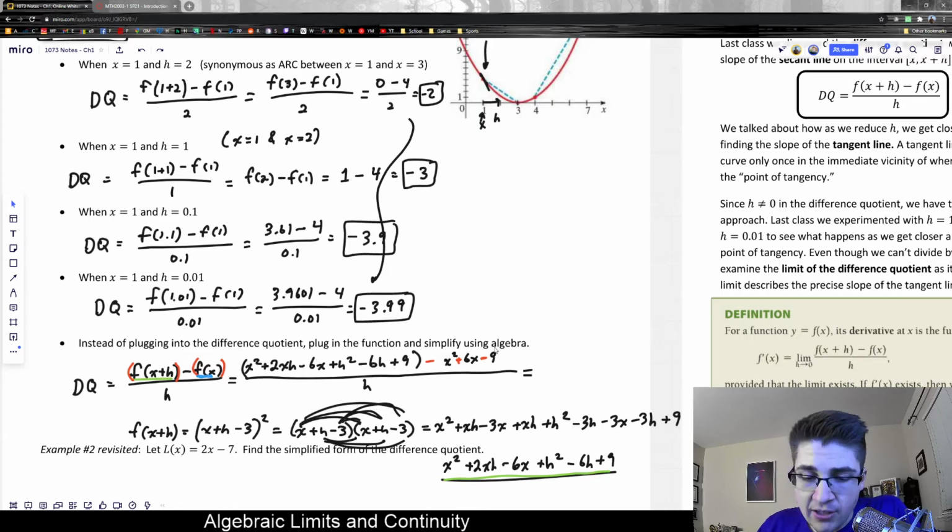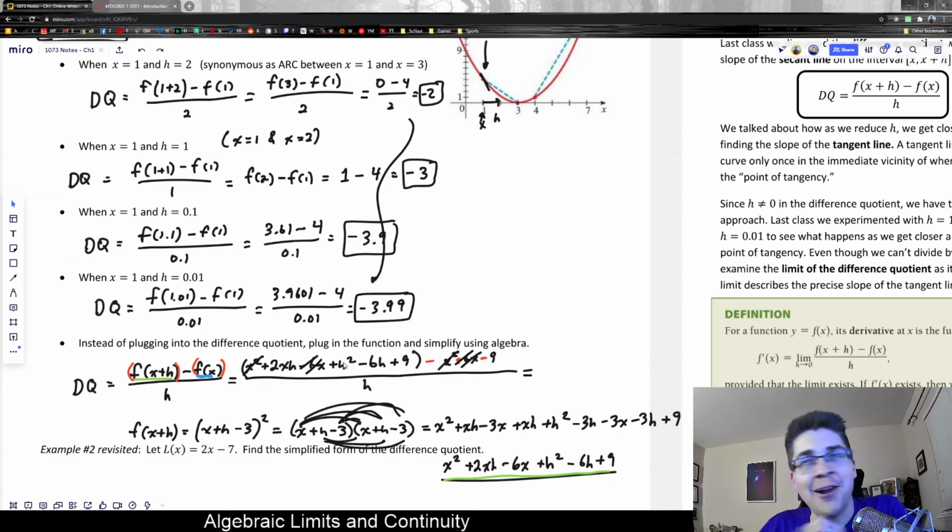Now, I can cancel out the common terms, because in the numerator, notice, I have x squared and minus x squared. Those are common terms. They're the same but opposite. So those would cancel out to make 0. I also have a negative 6x and a plus 6x. Those also cancel. And what you'll see is most of the time with a lot of functions, f of x will completely cancel with f of x plus h, but it will leave some other stuff left over.